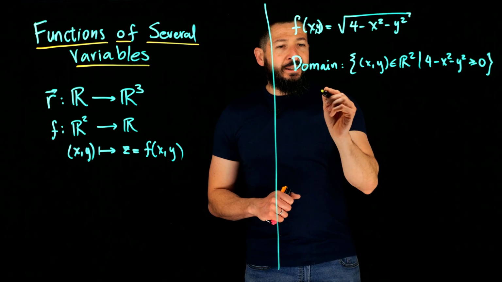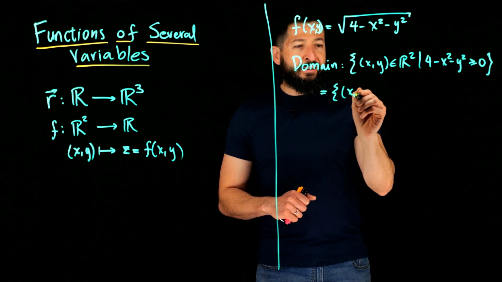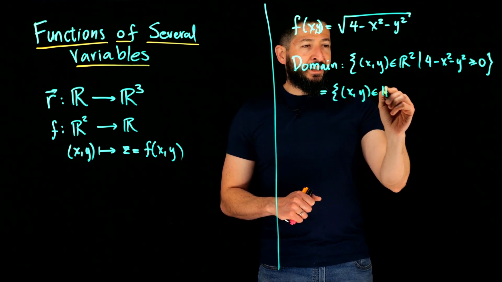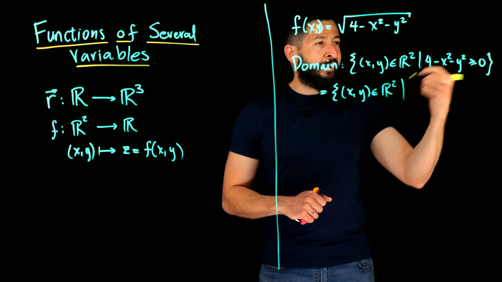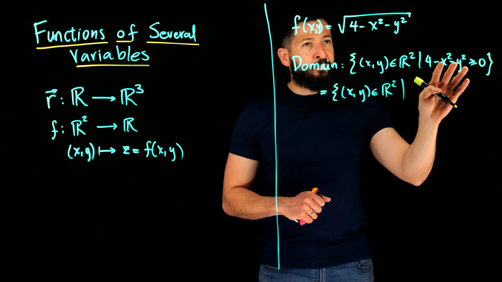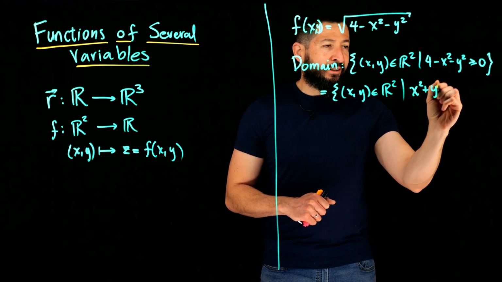Solving for it, you get that 4 is greater or equal than x squared plus y squared.